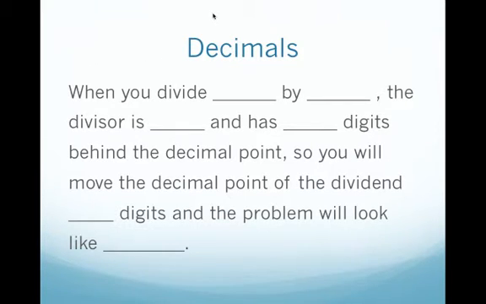In the second blank, you're going to put another decimal. The third blank, you're going to tell me which one is the divisor, and then in the fourth blank, how many digits are behind the decimal point in it. In the fifth blank, you're going to tell me how many digits are behind the dividend, and then you're going to show me what it looks like when you divide it in the last blank.